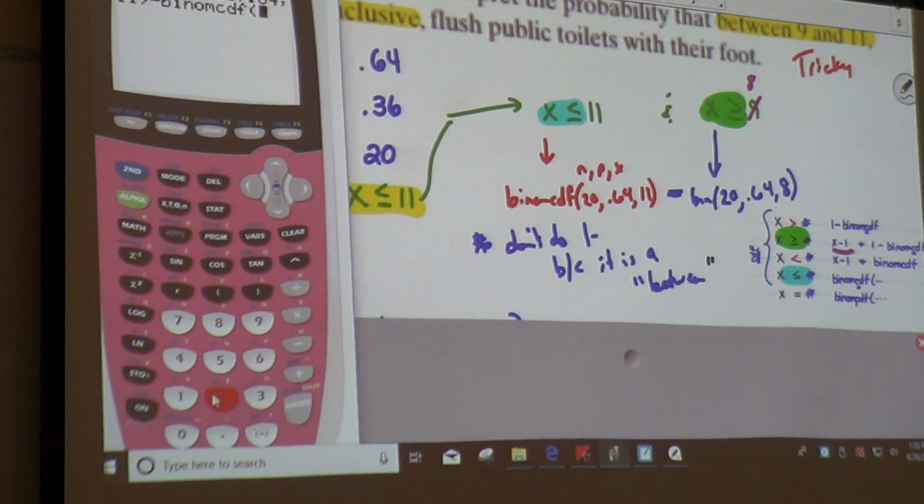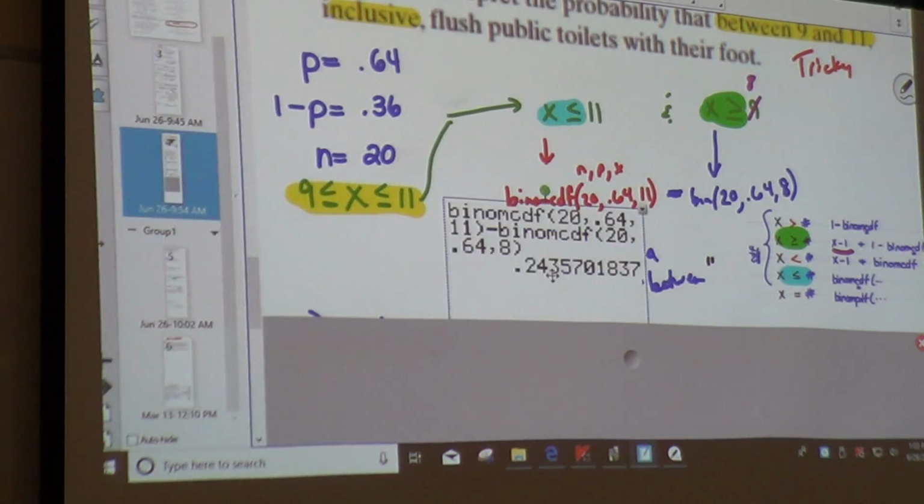Another 20, comma, 0.64, but this time it's going to be 8 because we had to subtract 1. So there's my answer.